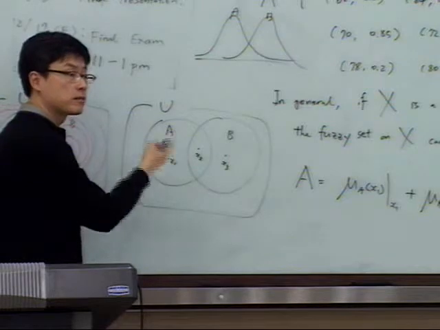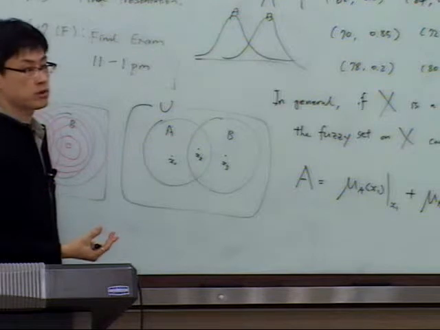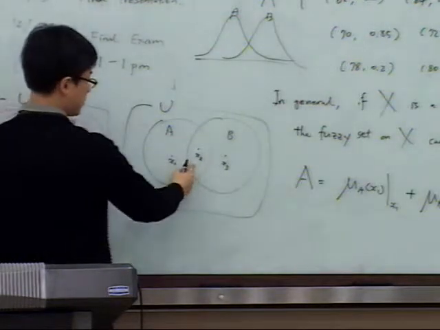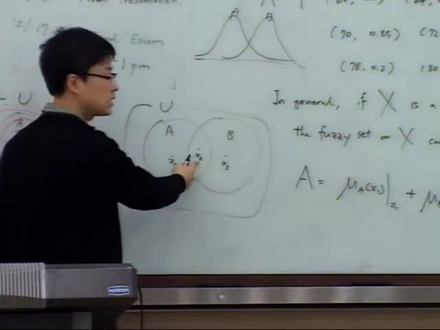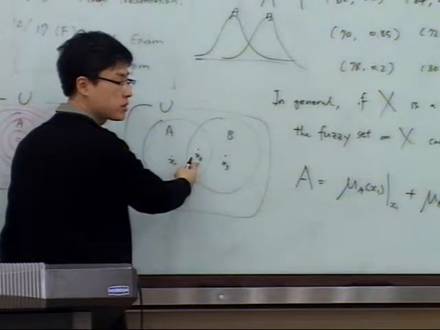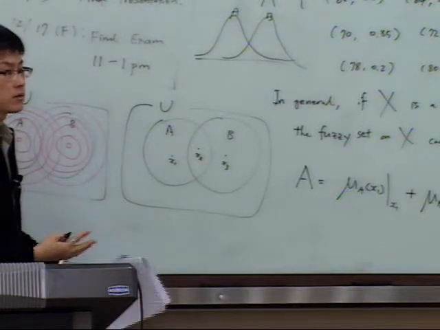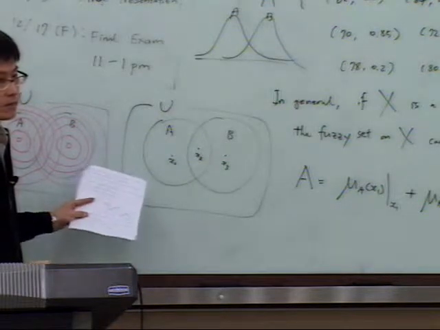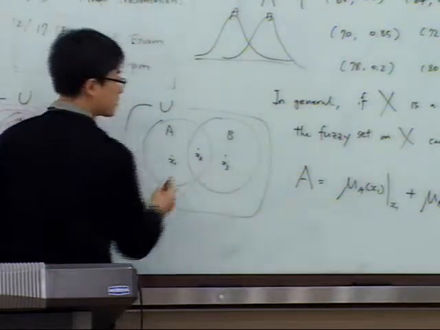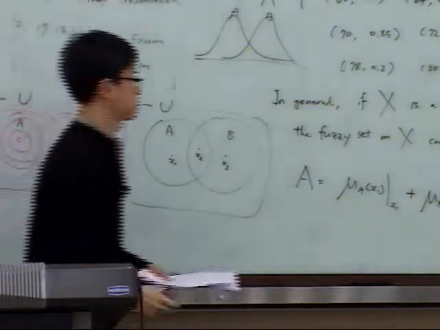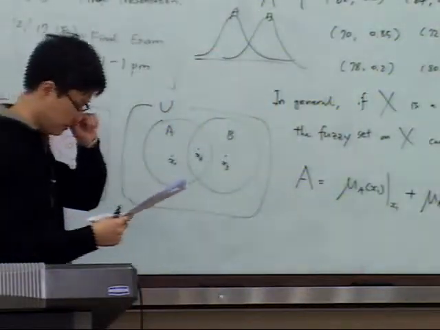If you evaluate with respect to mu sub B, maybe 0.1 or something, right? Mu sub A x2, maybe 0.5, mu sub B x2 is also 0.45 or something like that. That's a different story altogether, right? It's a fuzzy set. Question? Okay.